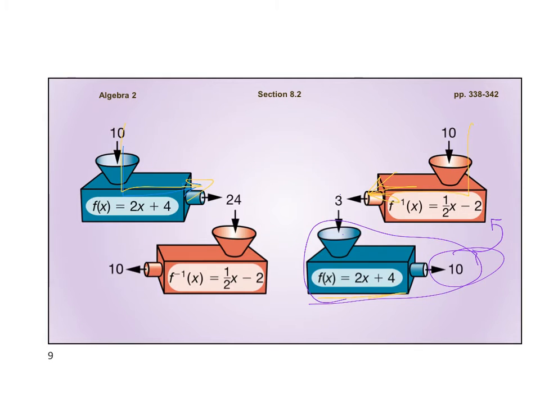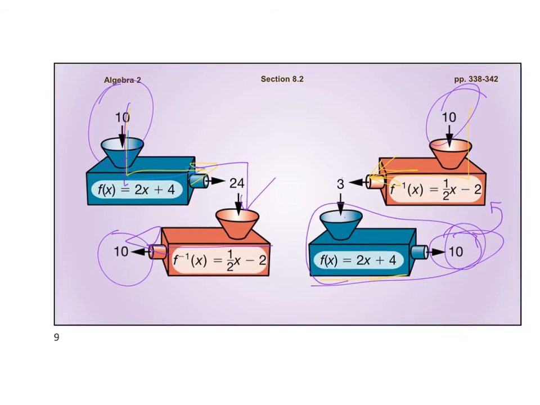Okay, so when I compose these, whatever goes in is what comes out. That's our test. Same over here. 10 goes in, 24 comes out. Put that into the inverse, and out comes 10 again. So these are matching each time.